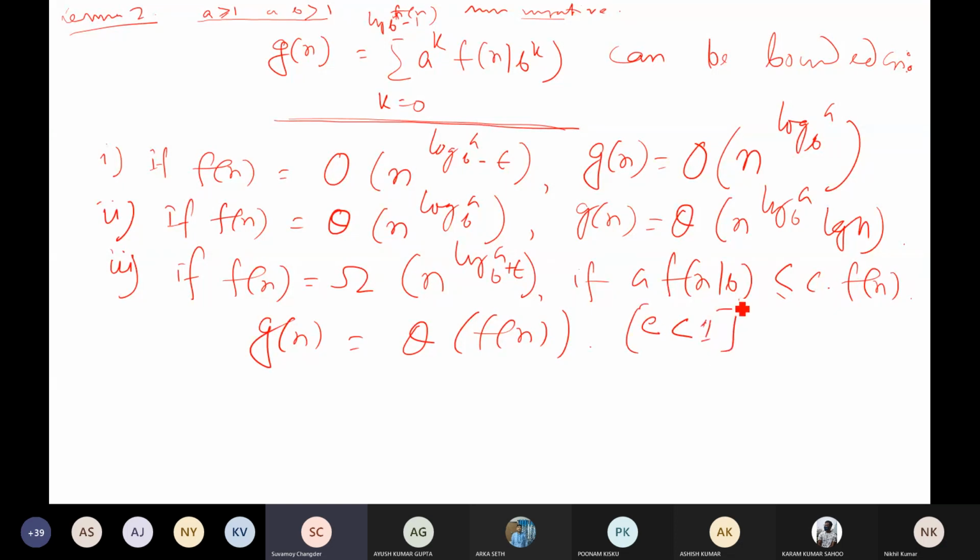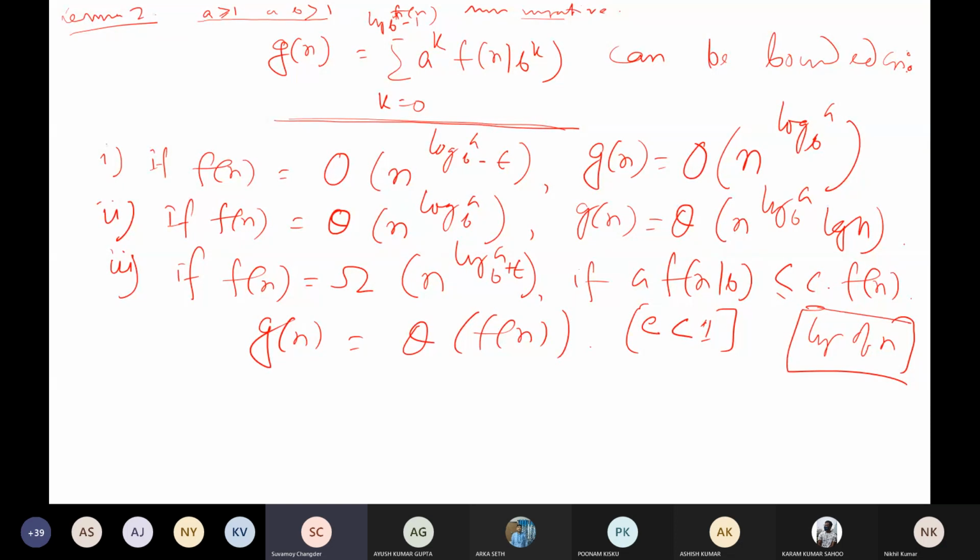You have to keep this in mind, and whatever we are doing is for sufficiently large values of n. This should not be forgotten.